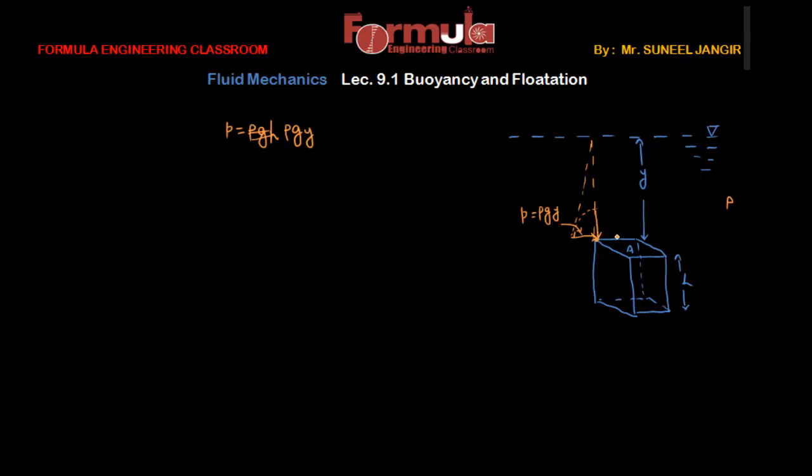And as every point on the top face has the same distance y from the free surface, the pressure intensity on the top face of this fluid element will always be the same, equal to rho g y. So we can draw it like that. This is the pressure intensity here, and on the top face it is the same everywhere, uniformly distributed.